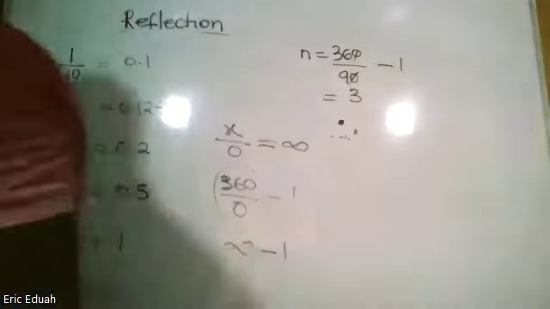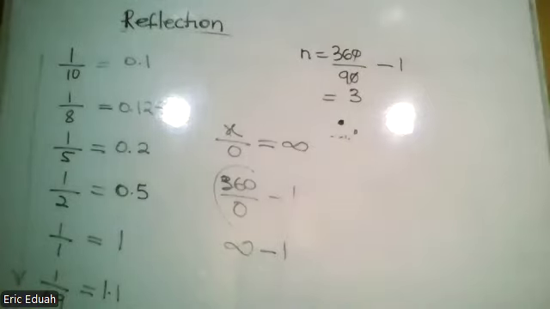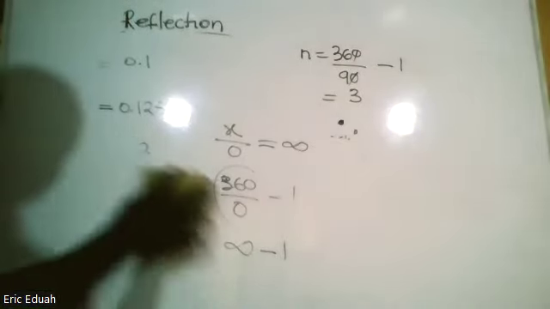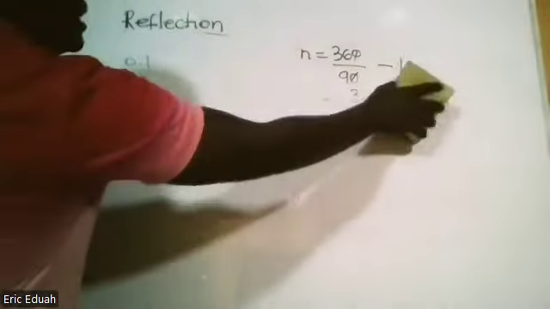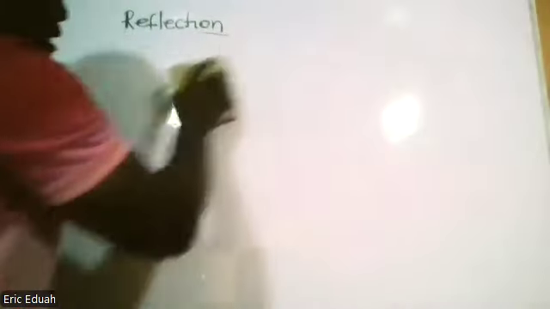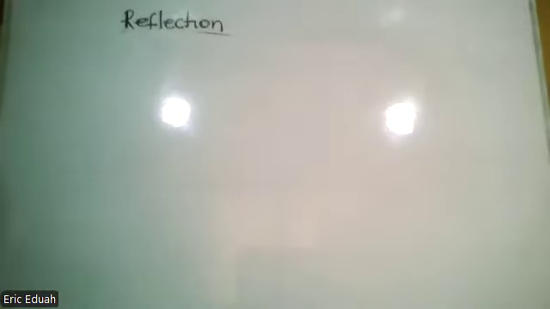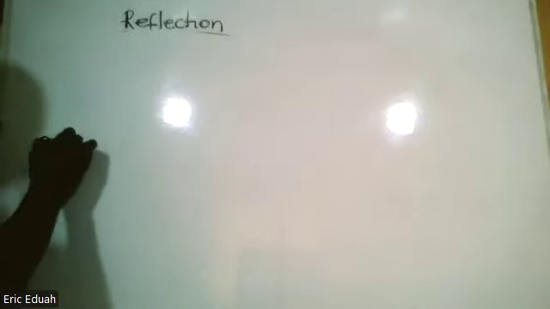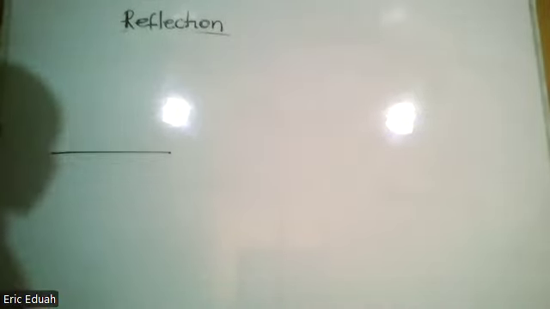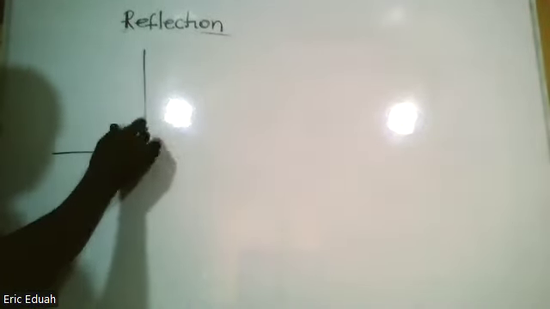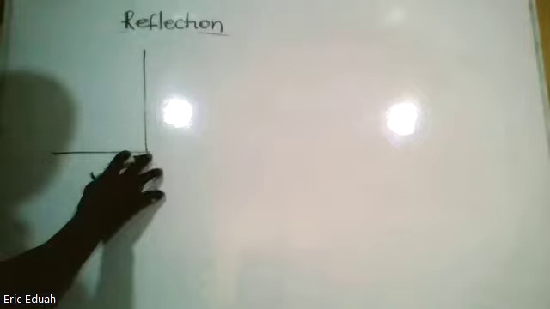So we are told that the two mirrors are inclined perpendicularly, meaning the angle between them is 90 degrees. So we have two mirrors, one horizontal and another directly perpendicular.